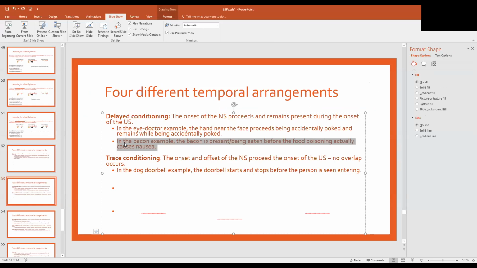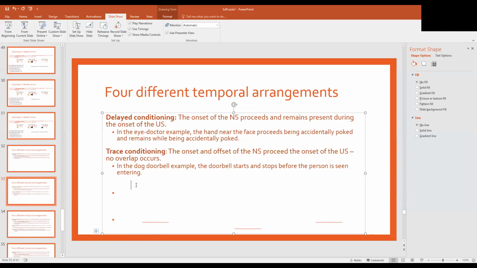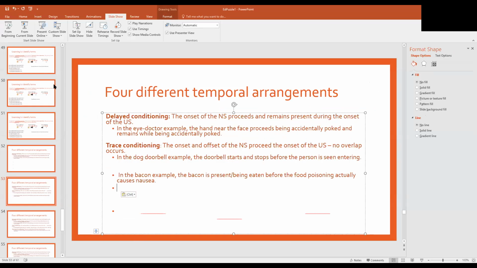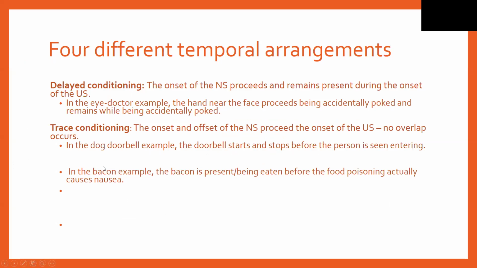Because this bacon example should actually go down here. So for trace conditioning, the neutral stimulus is presented before, and then it goes away, and then the unconditioned stimulus comes after. So in the dog doorbell example, the doorbell starts and stops before the person ever enters the house.